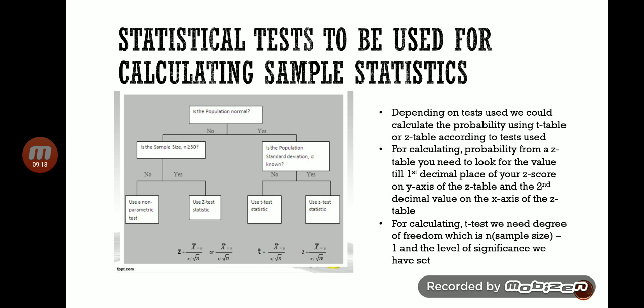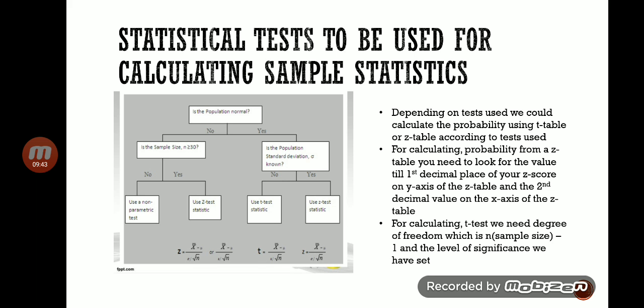Mu is the mean taken from the population, or we can say it's the population mean. Sigma is the standard deviation of the population, and n is the number of samples on which we are performing our hypothesis. So using this formula we calculate the z-score, and using the z-score we calculate the probability of that to happen.